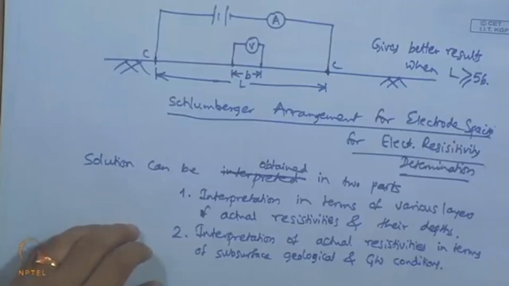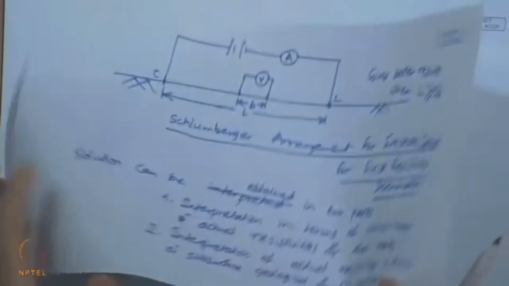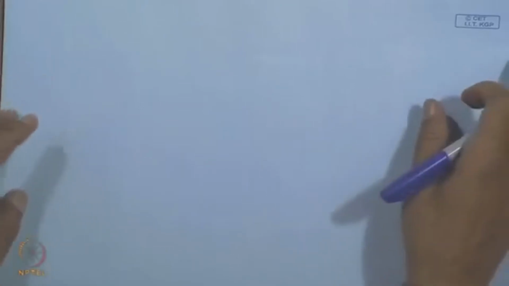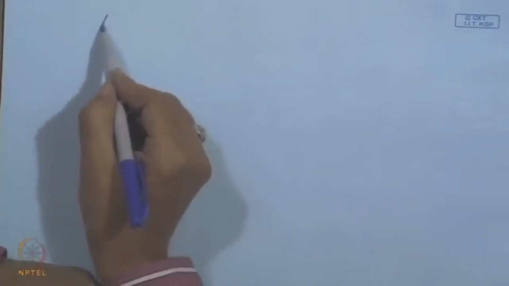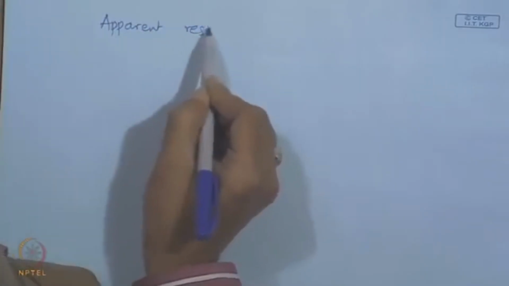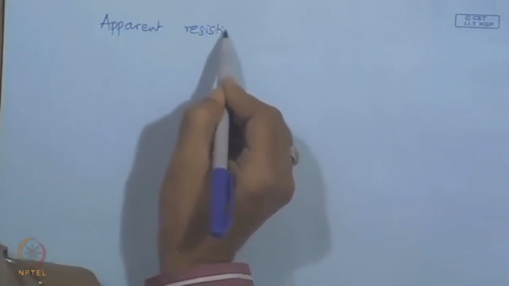And here one thing I need to mention: in the case of the Wenner arrangement, there is what is called the apparent electrical resistivity.